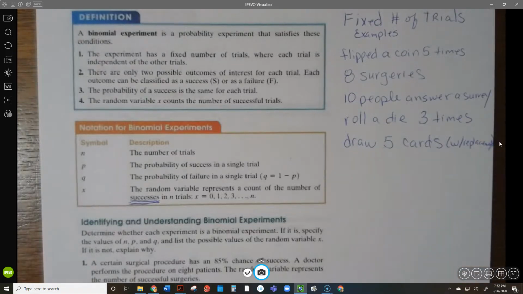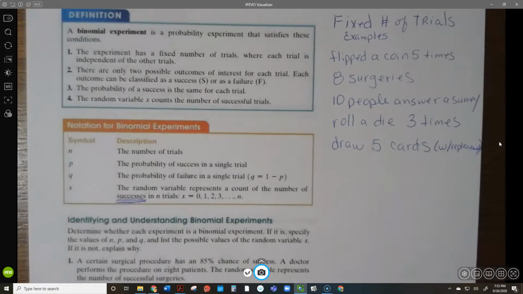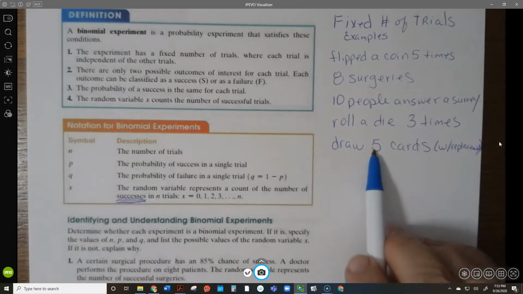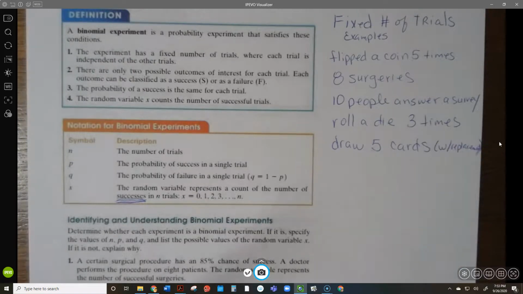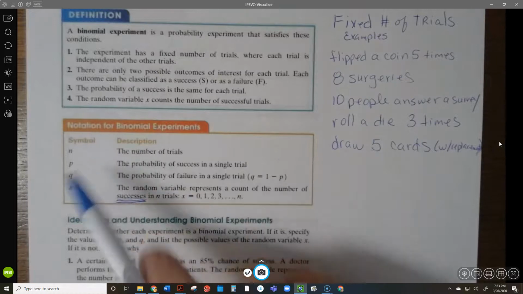It's either red or it's not. So I have success or I have failure. And I might draw 0 red cards, or 1 red card, or 2, 3, 4, or 5 red cards. Any of those numbers of successes is possible. Okay, so those are our variables.